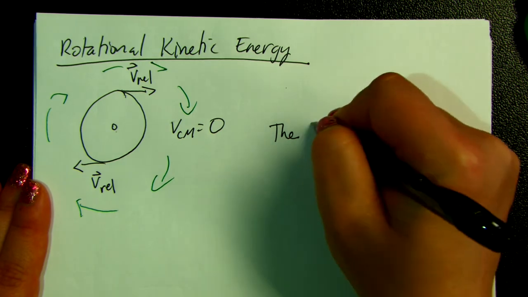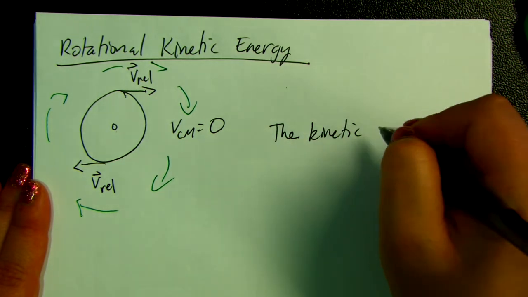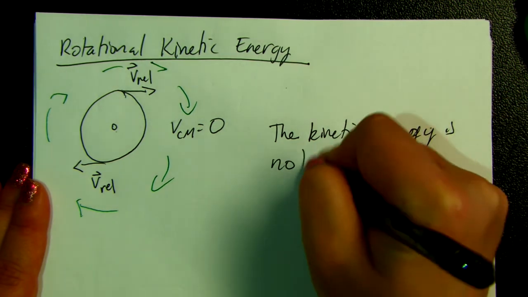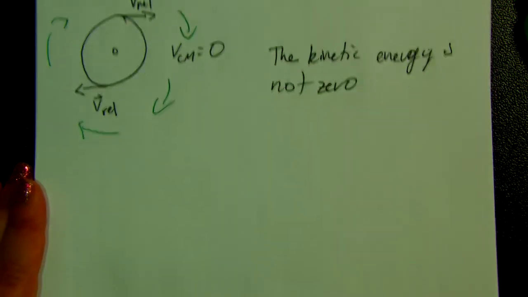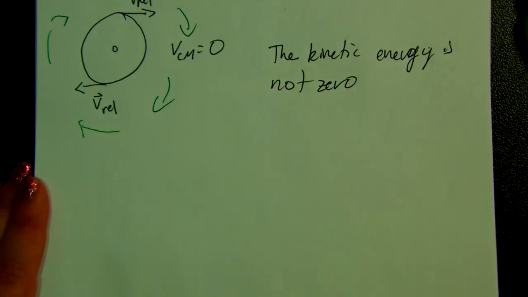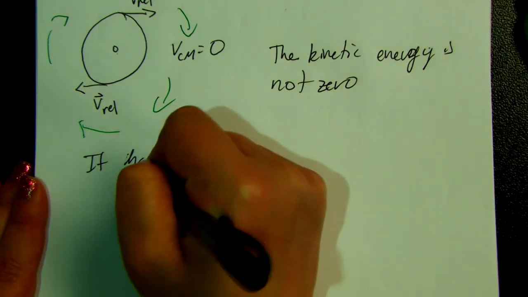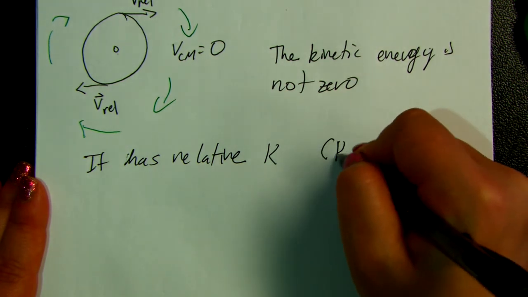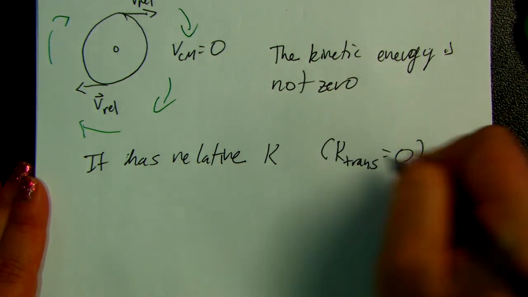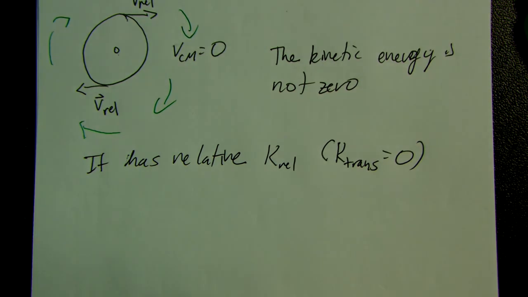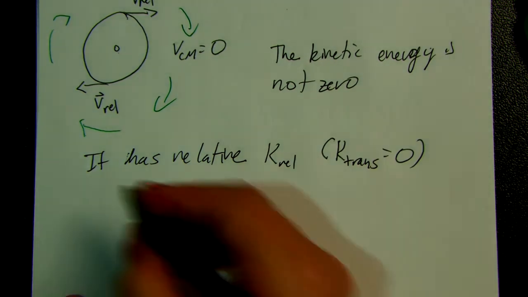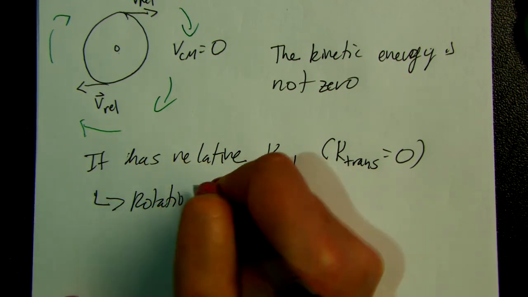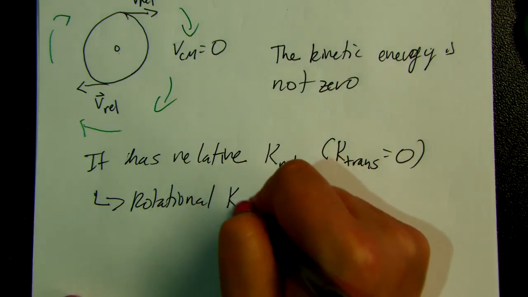All right, so the kinetic energy is not zero, even though the center of mass is not moving. It clearly has motion, but we don't know how to calculate this type of motion yet. So it has relative kinetic energy, and the type of relative kinetic energy it has is rotational.